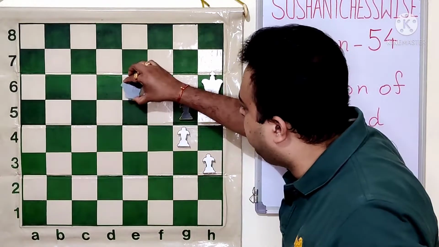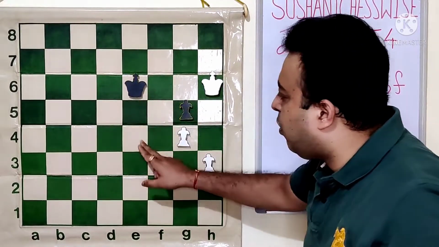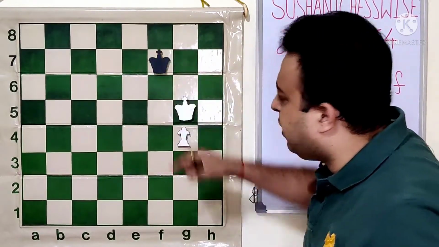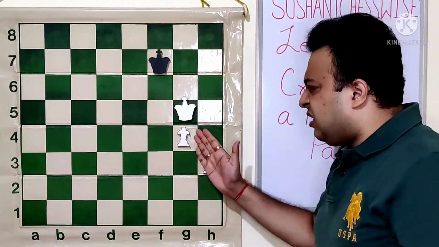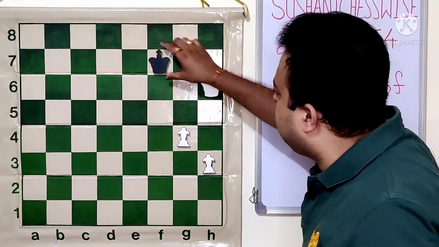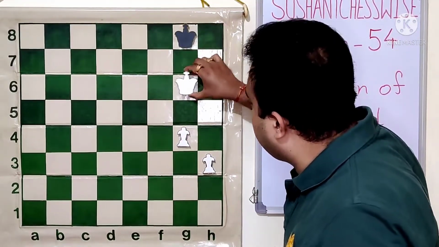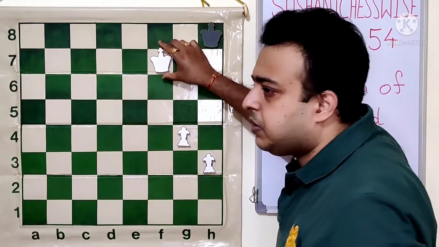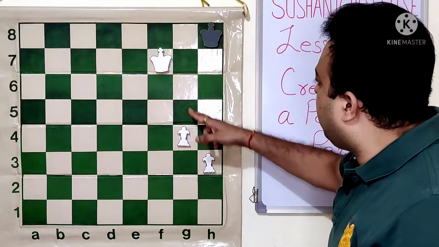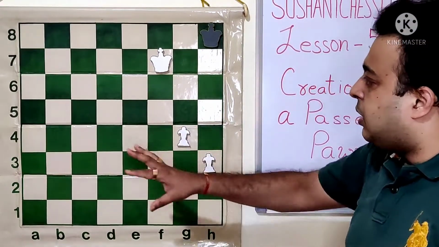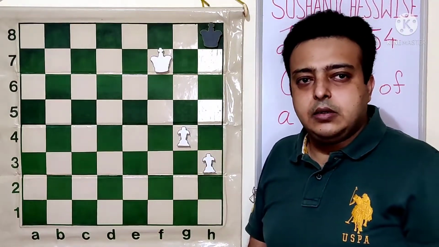So after the move KE6 or E5 or E4, king takes the G5 pawn, and after KF7, here there are many ways of winning. Generally we should try to queen the knight pawn. So king H6, KG8, KG6, now KH8 or F8, then KF7, and now the pawn will promote and become a queen.